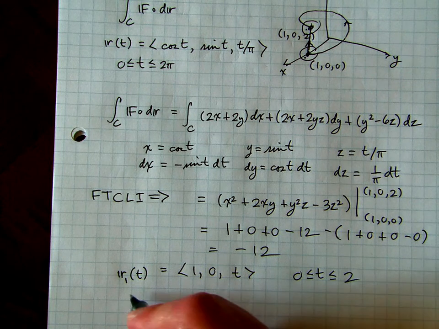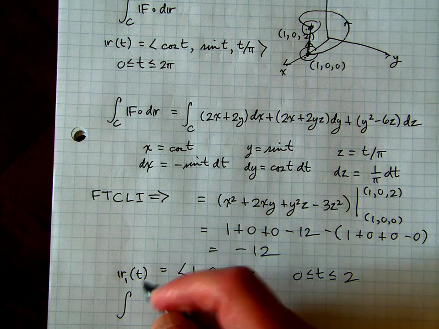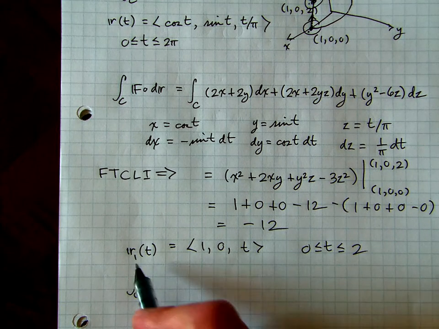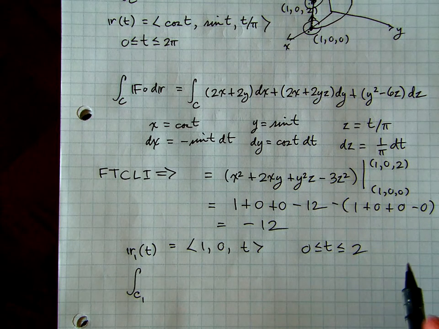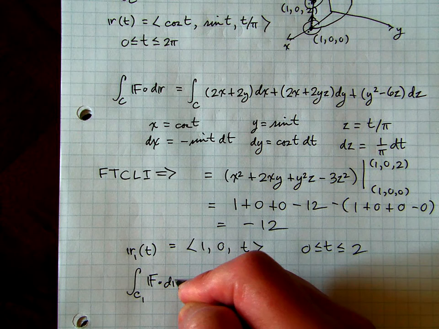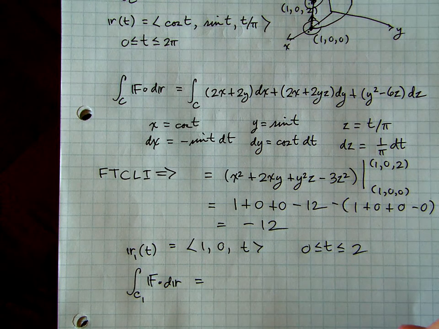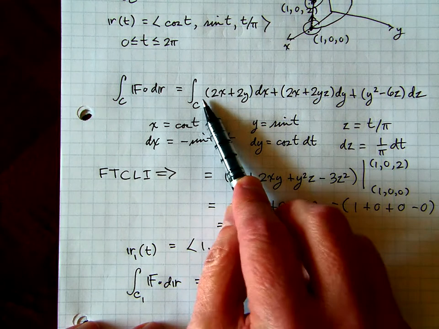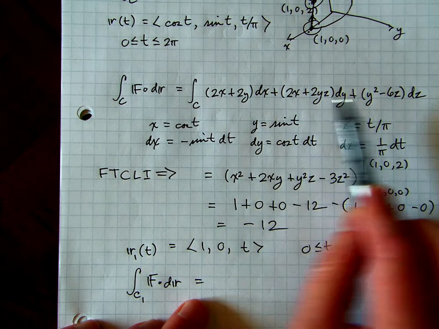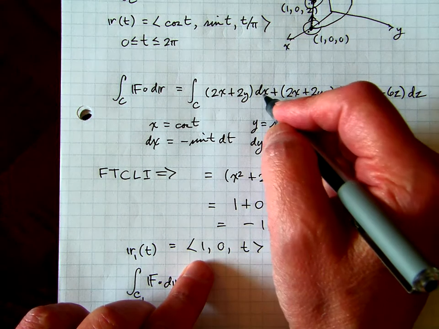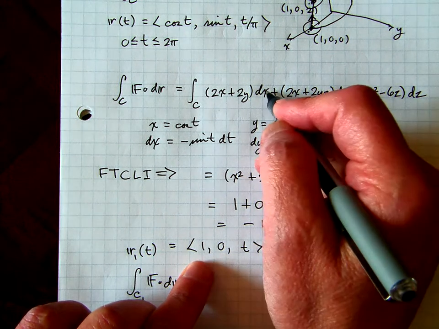So what happens on this new path, I'll call him C1 to correspond with the index on our new parameterization, f dot dr. Okay, I'm not using the fundamental theorem of line integrals this time directly. I'm looking at this expanded version of my line integral. Let's see. Because x is a constant, dx is 0.